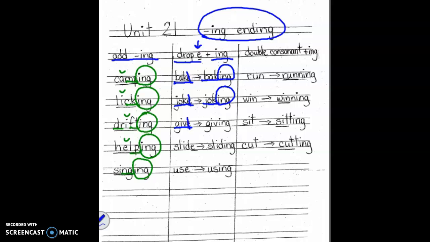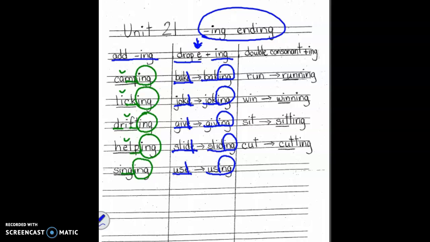Drop the e and add the ing, and it becomes giving. The word slide, drop the e and then add ing to make it sliding. And the last one I gave an example, use, drop the e and then add ing to make using. So the second one is the silent e pattern.